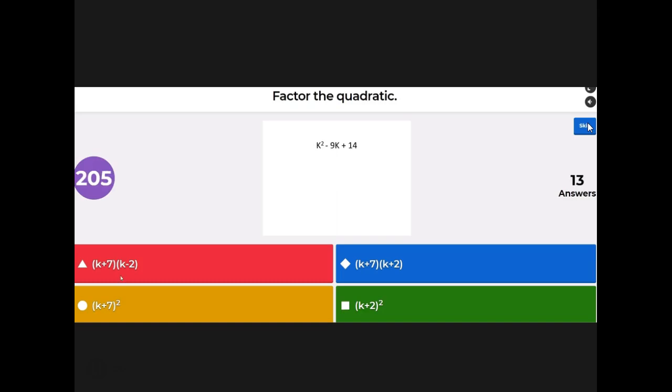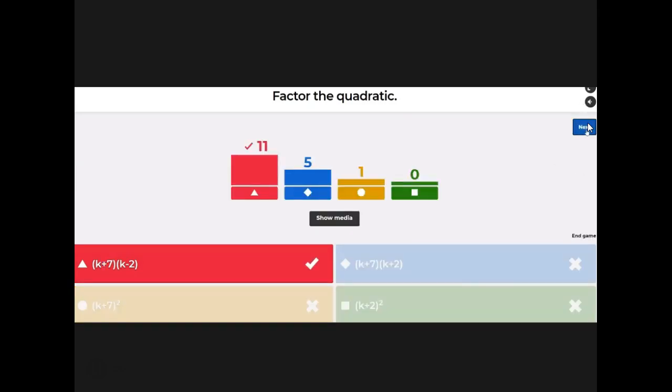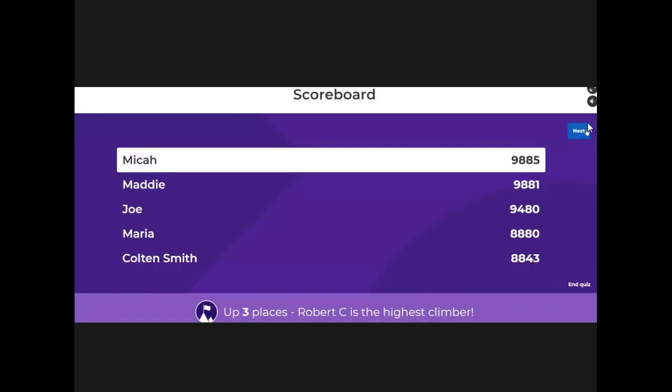Yeah, this should be a negative. They should both be negative. No, I'm just going to skip it. It doesn't hurt you or help you.